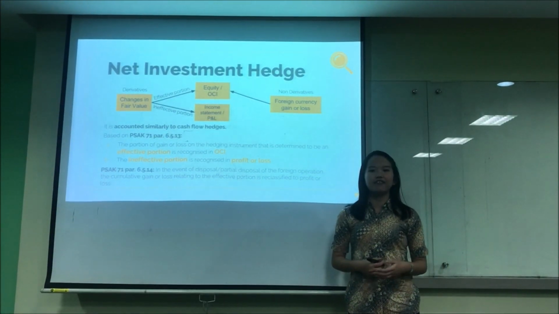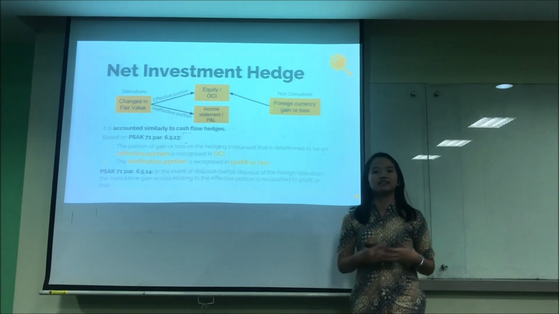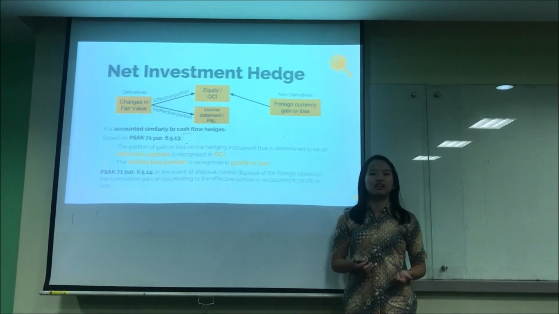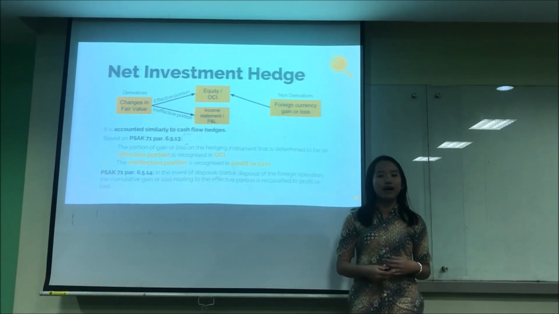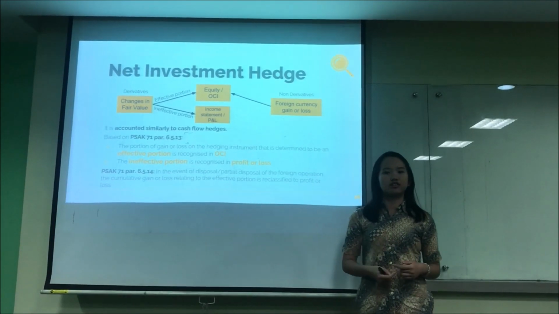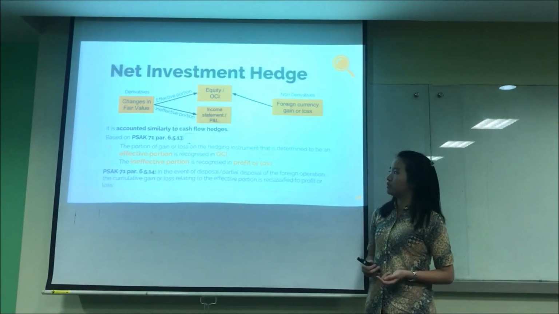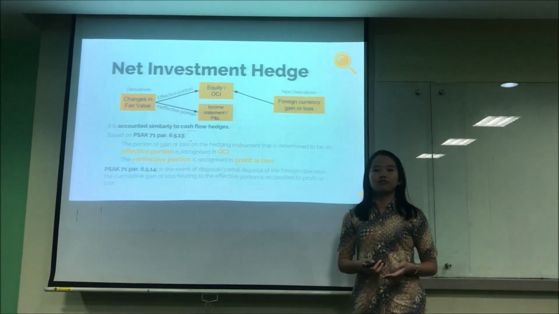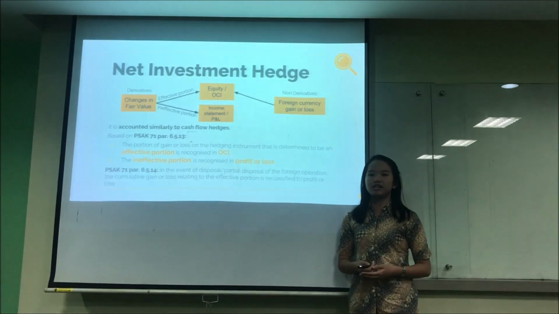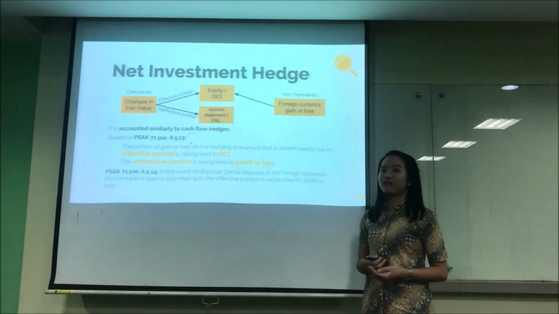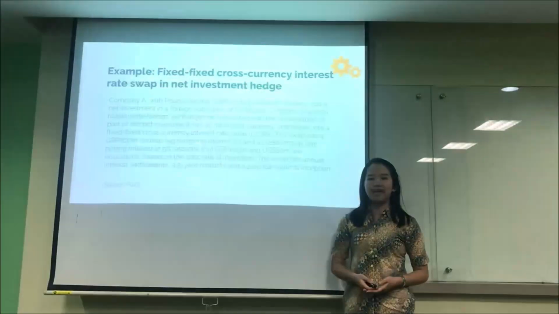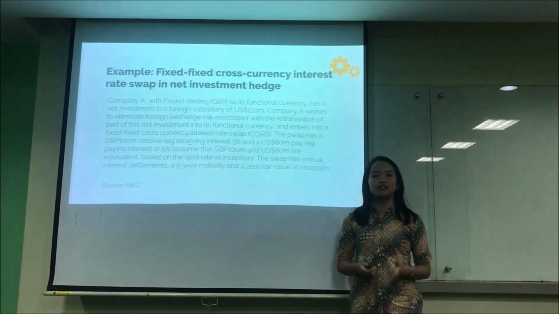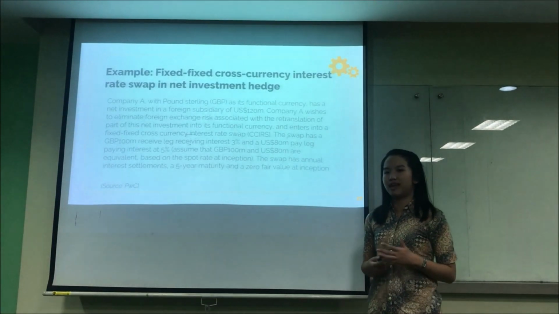In this case, the effective portion is the portion that is written off against each other, while the ineffective portion is the remaining gain or loss that is required for balancing the reserve. In the case of disposal or partial disposal, the OCI amount related to the effective portion is reclassified to profit or loss.